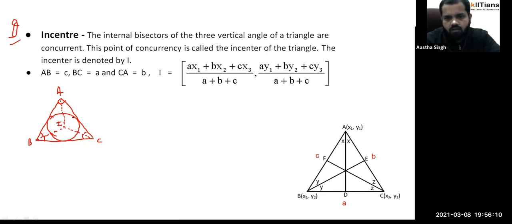So yeah, there is a formula for you. Let's suppose the vertices are x1, y1, x2, y2, and x3, y3. Suppose the side BC is a, AC is b, and AB is side c.